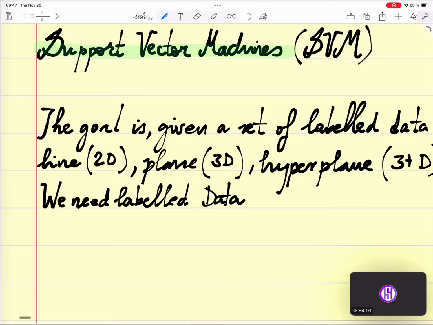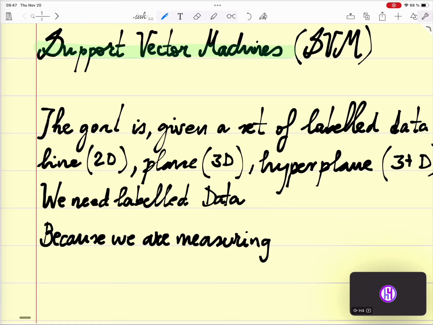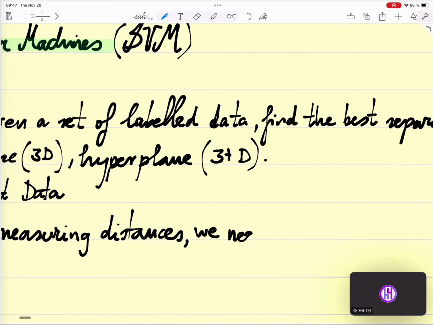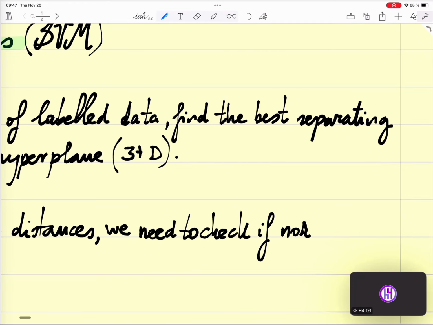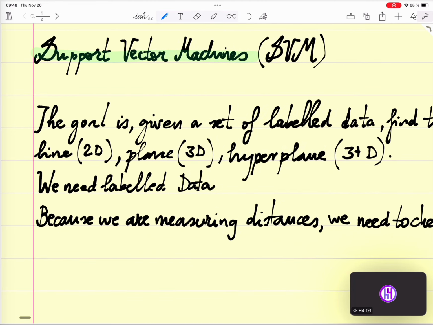And because we are measuring distances, we need to check if normalization is needed.